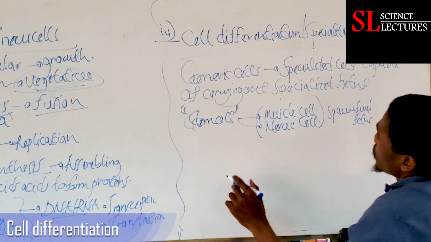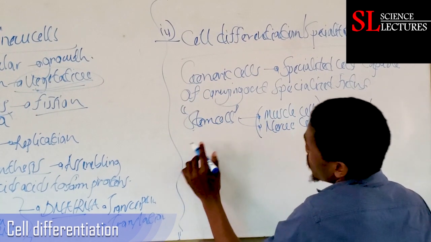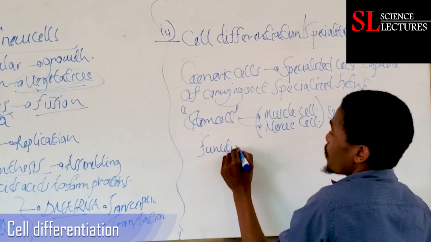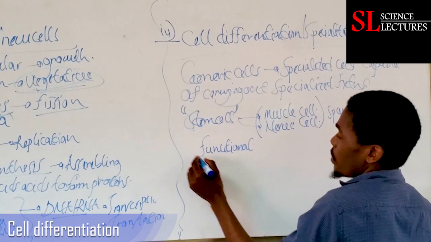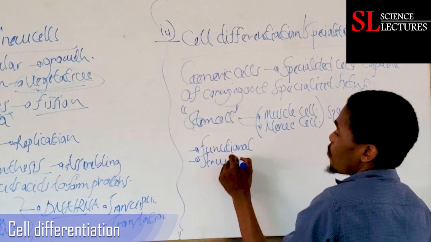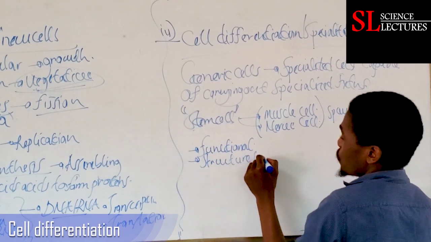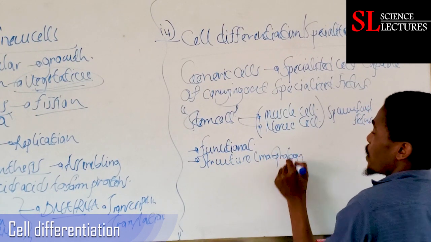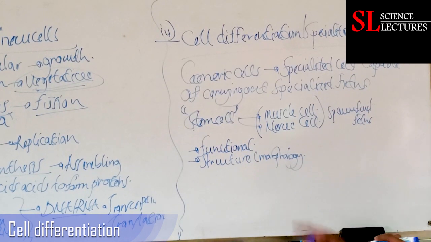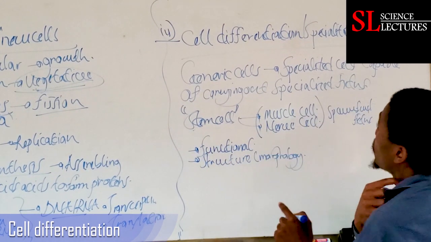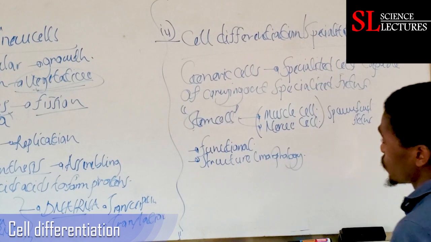For cell differentiation, what we should know is that cells will change in function, will have a specific function, and cells will change in structure or morphology to one that suits their specified function. So how is cell differentiation important?